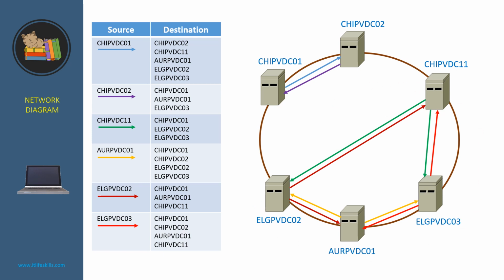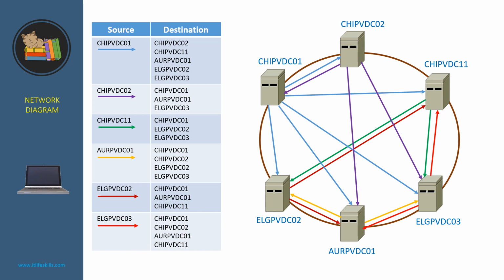From the table, we can draw the replication connections from GPVDC01 to other domain controllers in the domain hq.it_lifeskills.local and from GPVDC02 and from GPVDC11 and from OPVDC01 and from HPVDC02 and from HPVDC03.